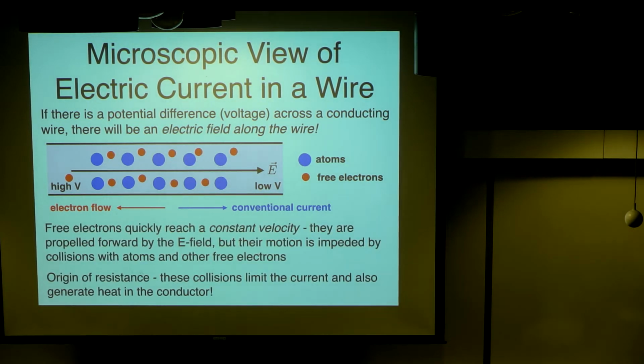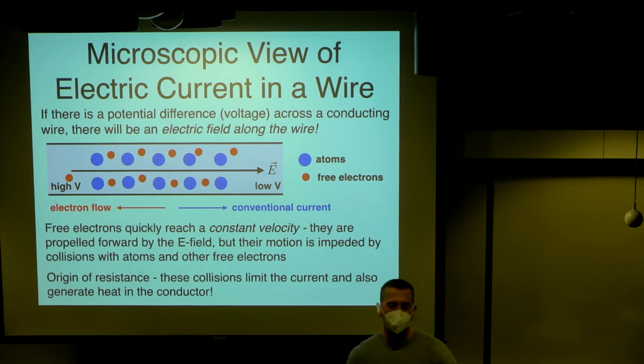So here's a few things I want to point out about this, okay? The first point is this. The free electrons, we might expect that because there's an electric field, that the free electrons would be accelerating. So they would just keep speeding up and speeding up over time. That's not actually the case. Instead, the free electrons pretty quickly, almost immediately as far as we're concerned, on the scale of fractions of a second, are going to reach a constant velocity.